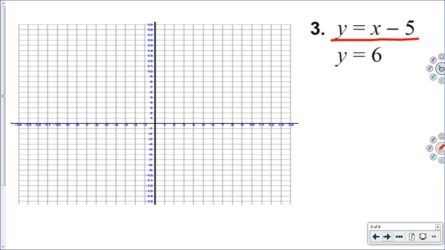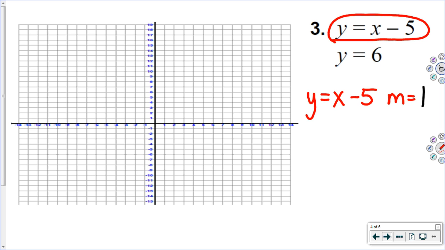Next, let's graph this equation. Y equals x minus 5. The slope is 1. The y-intercept is negative 5. I will begin at 0, negative 5, and I have a slope of 1, up 1, over 1.